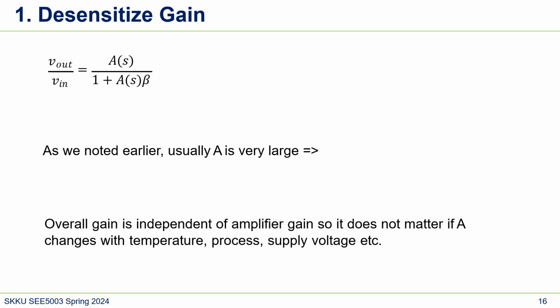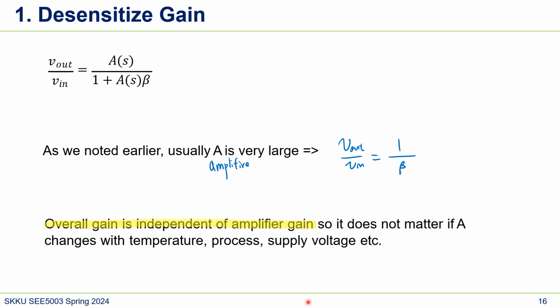Desensitizing the gain, we already discussed, right? As we noted earlier, usually A is very large because it's an amplifier, and V out over V in would go to 1/beta. So overall gain is independent of amplifier gain, so that's the important part.